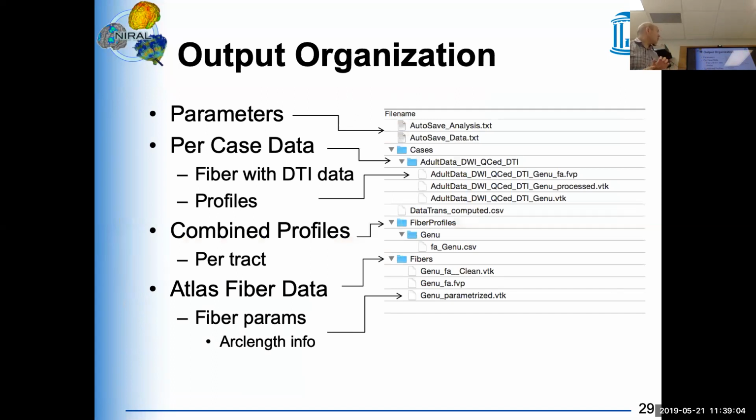So this is the output organization from the DTIAtlasFiberAnalyzer. As is the case for most of our tools, it saves all the parameters that you used for the analysis. And then it has a case folder where it has the tract as it has been sampled in the original data set. That's this gene.vtk. The process.vtk is now the tract sampled with the plane.